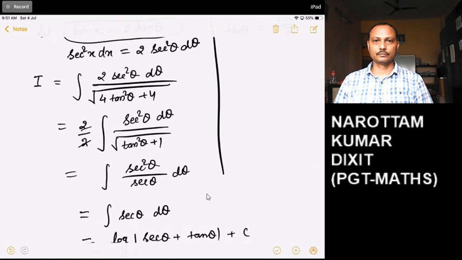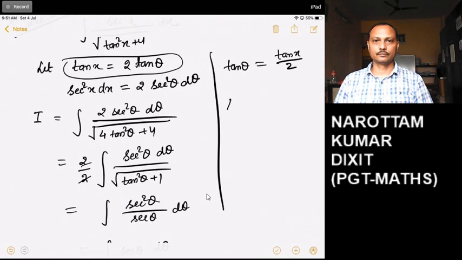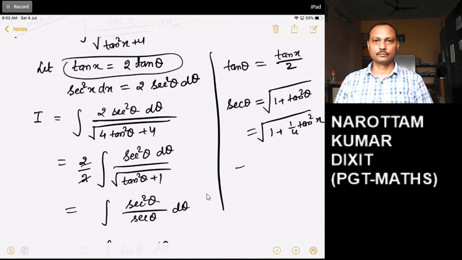Then the value of sec theta will be square root of 1 plus tan square theta. It is square root of 1 plus 1 by 4 tan square x. So it is 4 plus tan square x within square root divided by square root of 4, that is 2.